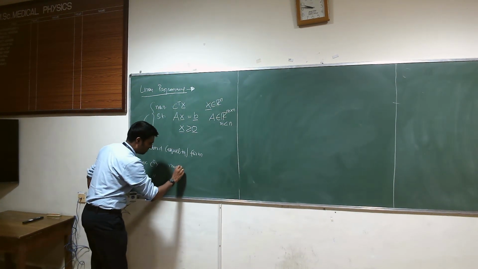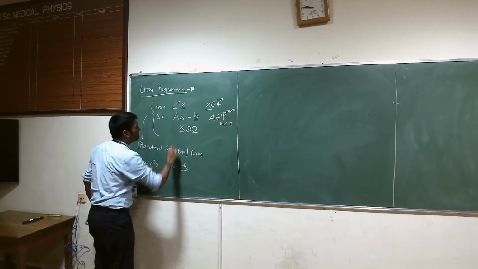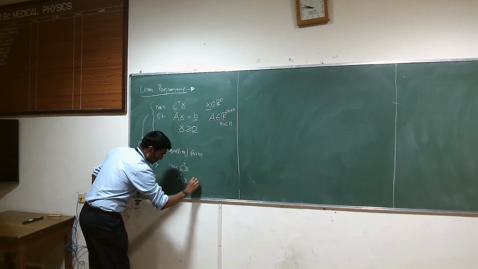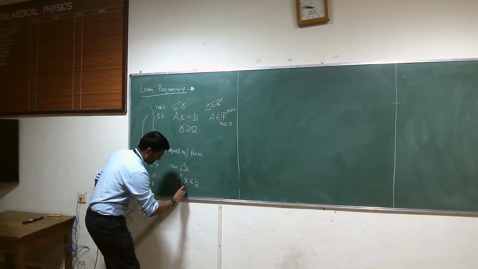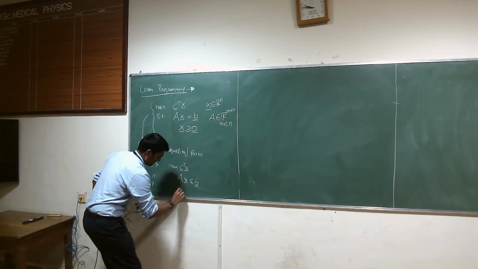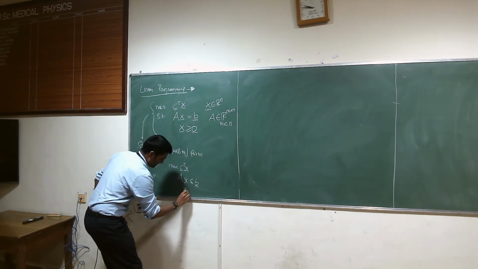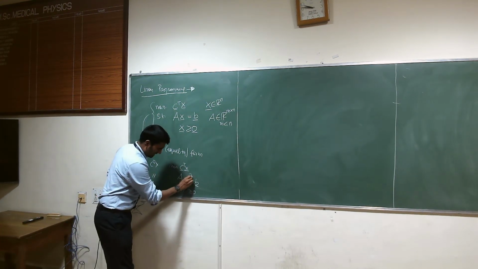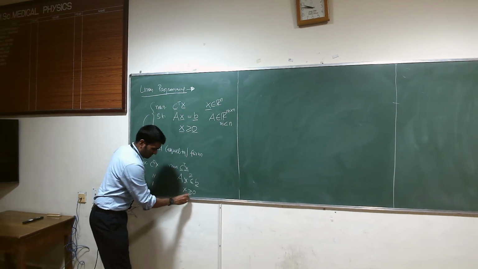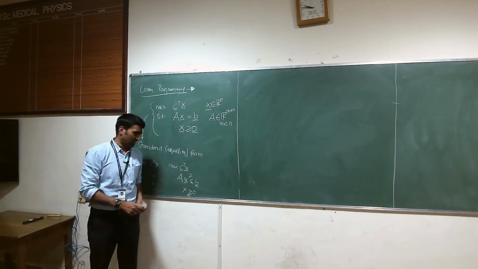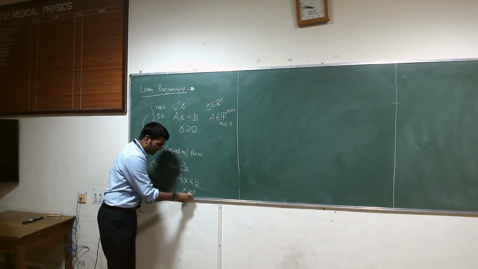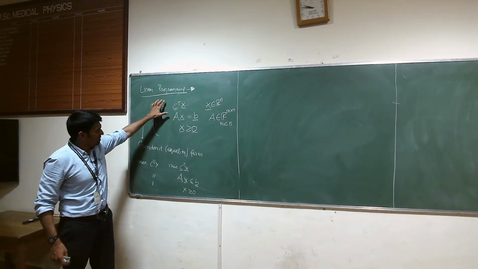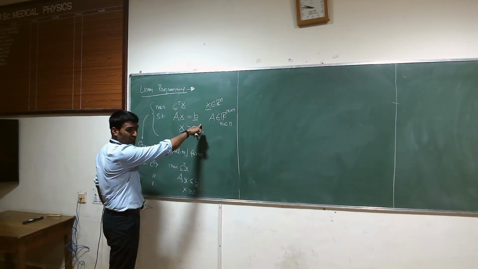Or people might say minimize C transpose X, but they might say Ax less than or equal to b, or greater than or equal to. Again, the equalities could be different as well. So there are all these different forms, and all of them are called linear programs, but each one of them can eventually be converted to something like this.